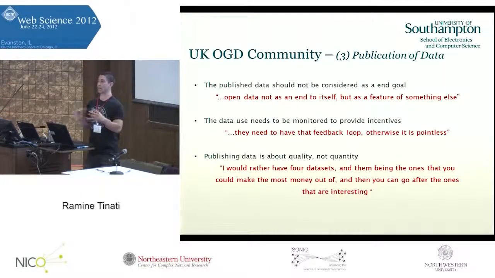The shared opinion across all the interviewees was that feedback loops are needed. We need different metrics and measures to understand how the data is being released and used. They also said it's the quality of the data, not quantity. We can track all the data and say it's growing, but that doesn't necessarily mean the data is useful.